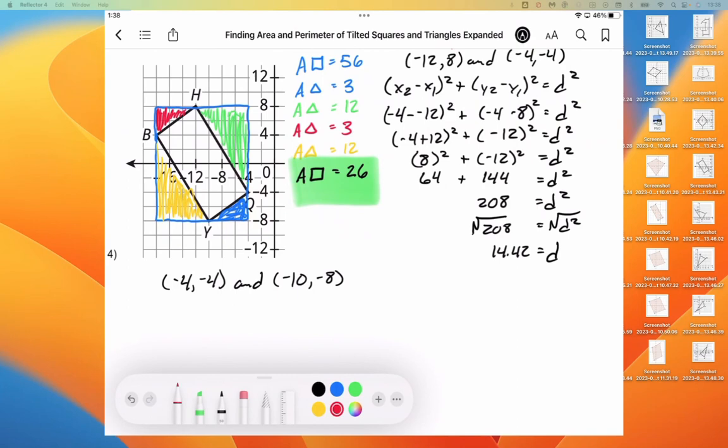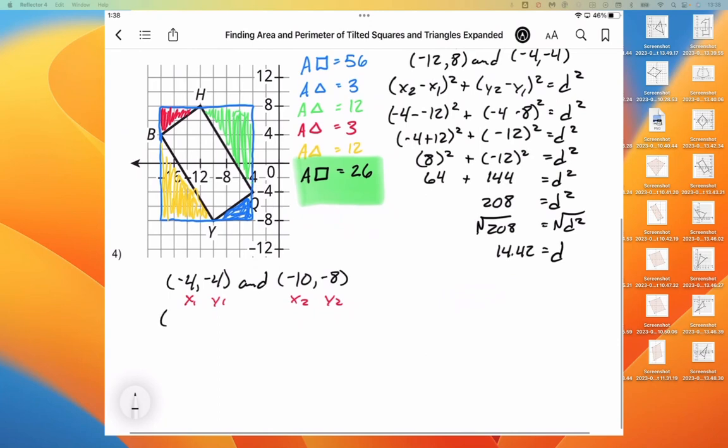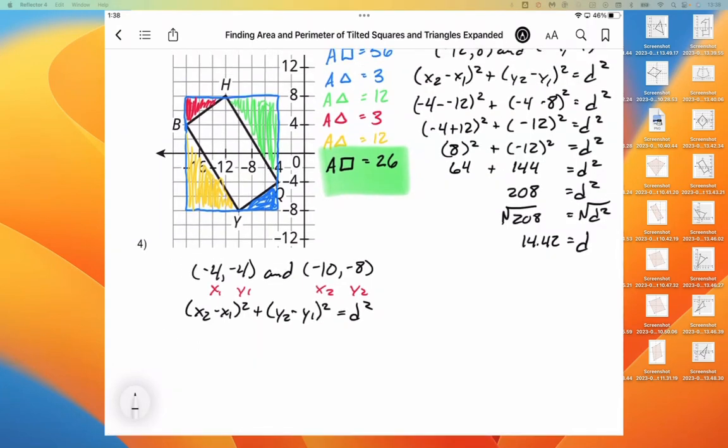And so we've got x1, y1, x2, y2, and our formula. So I'm going to have to shorten this one up a little bit again like I did last time because I don't want to run out of room.